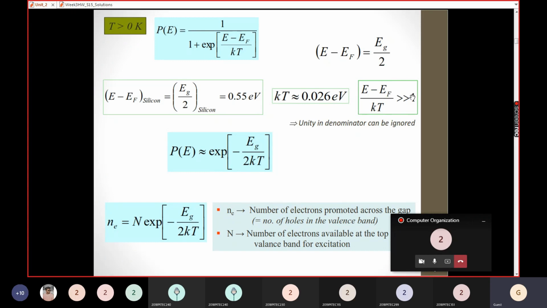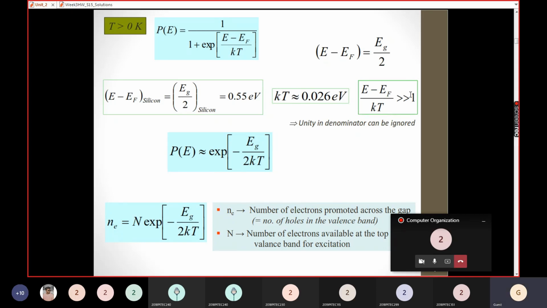This is applicable only when the probability from the first formula, 1 divided by 1 plus e power (E minus EF) divided by kT, is greater than 1. In this case, you go to the next expression, e power minus Eg divided by 2kT.